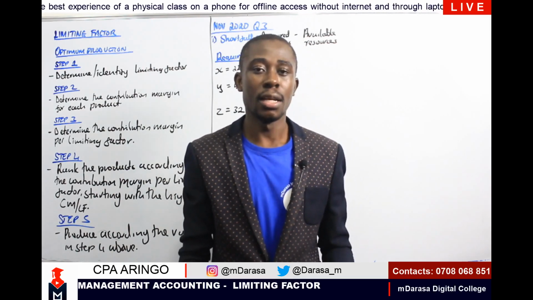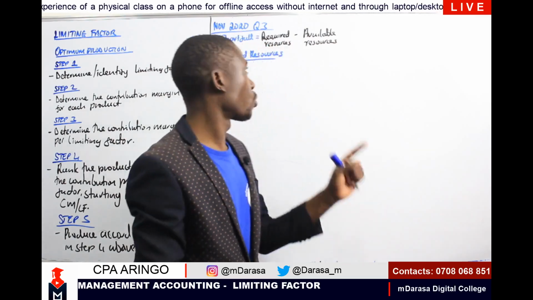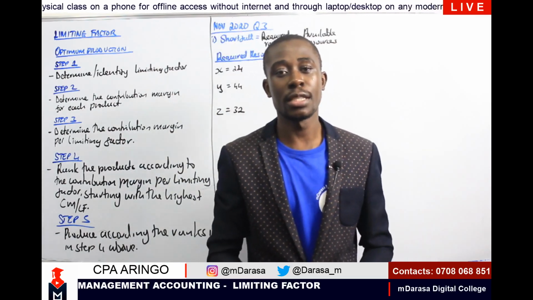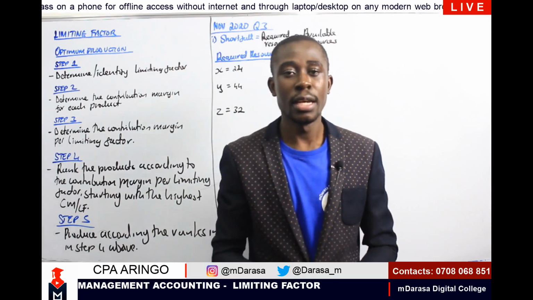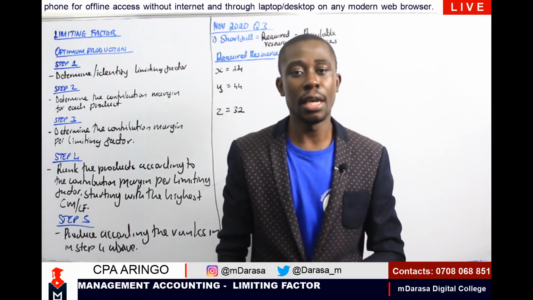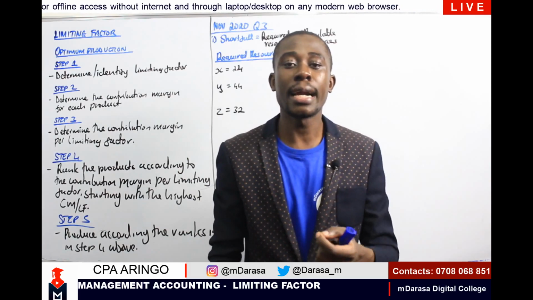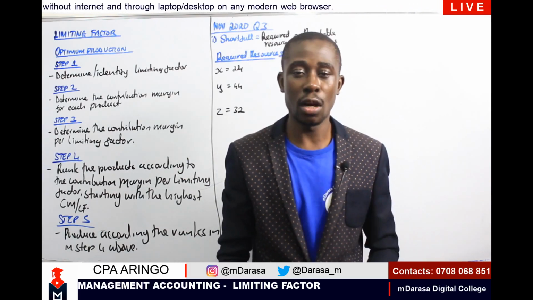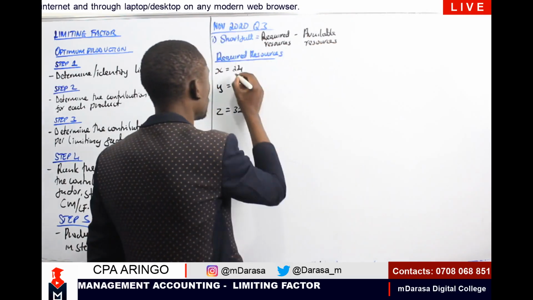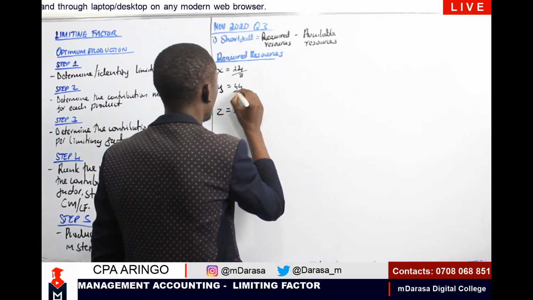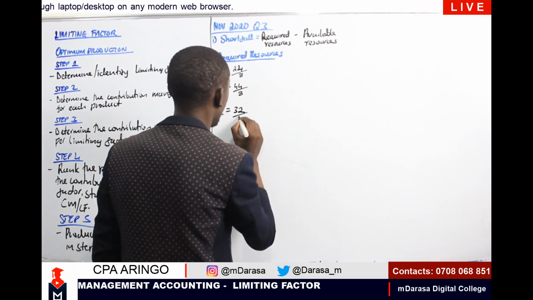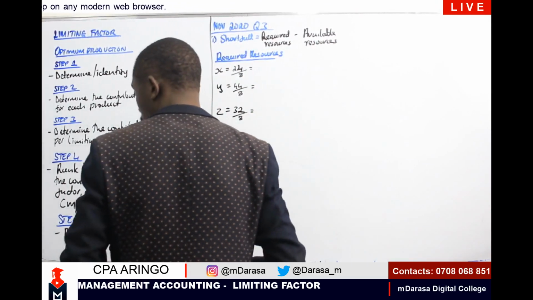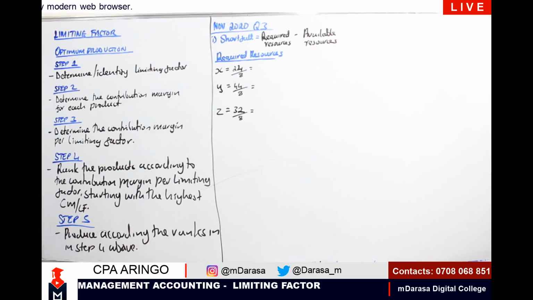Yes, we can. Because for product X, the total cost I'm going to incur is 24 shillings to produce 1 unit, and each hour I'm paying 8 shillings. Definitely I can determine how many hours each unit used. So we divide by 8 to give us how many hours each unit required.